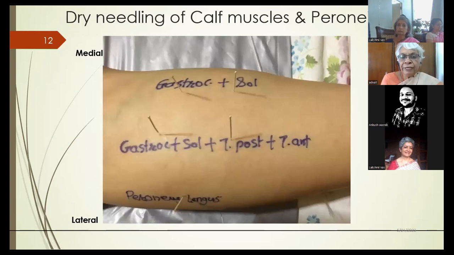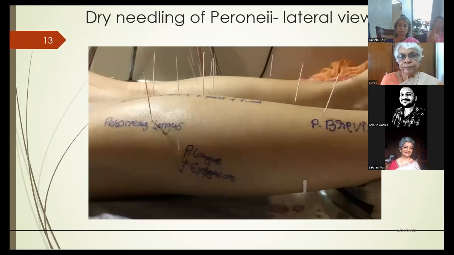And then moving on, we also need to needle the calf muscles. Here we have the gastrocnemius, the medial part and the lateral part. And we can also needle the peroneus longus and the peroneus brevis. That completes the needling for radicular pain.